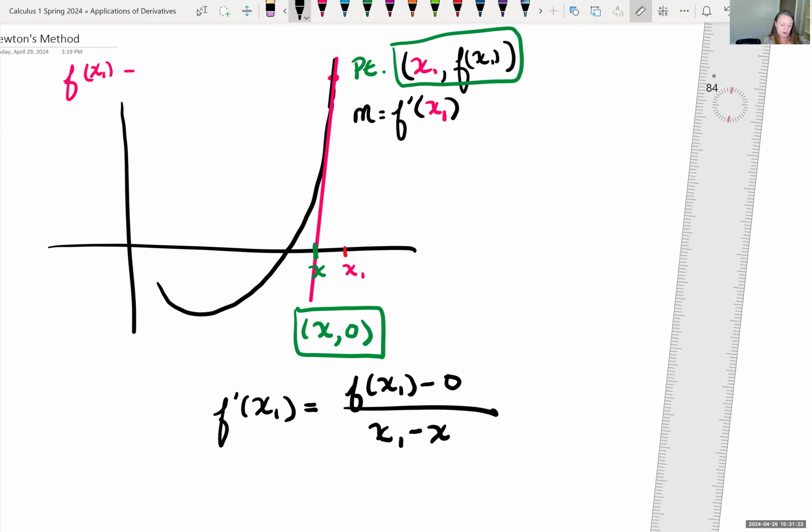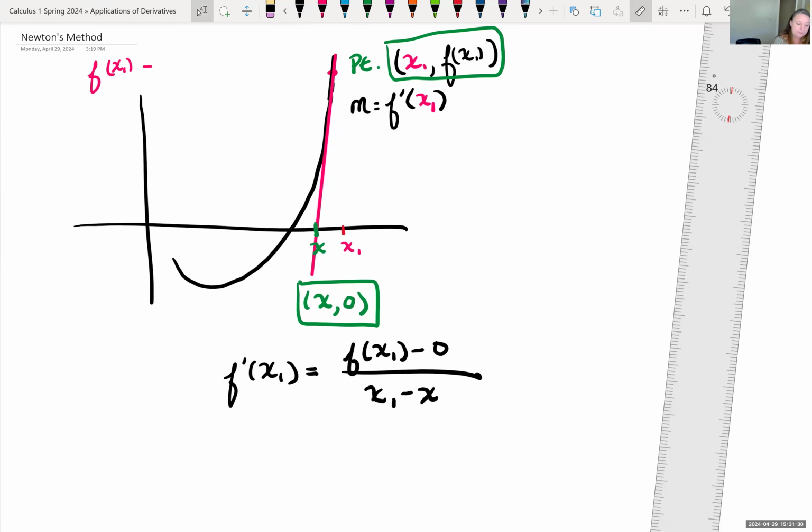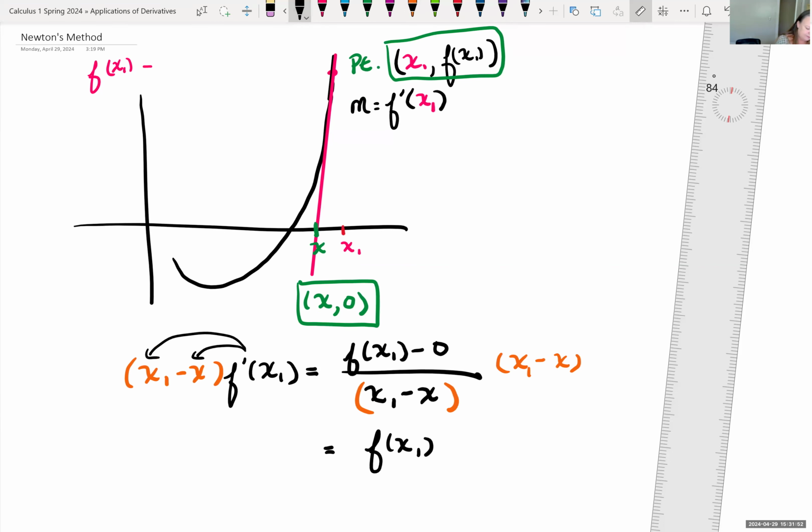Okay, so let's solve for x here. So if we multiply both sides by our denominator, x of 1 minus x, right now we have f of x of 1 is equal to, and let's distribute our derivative.